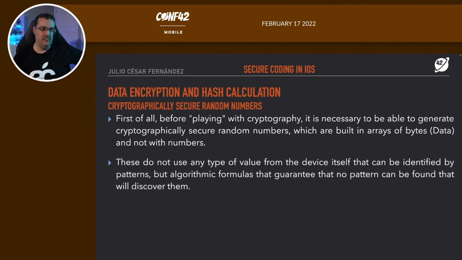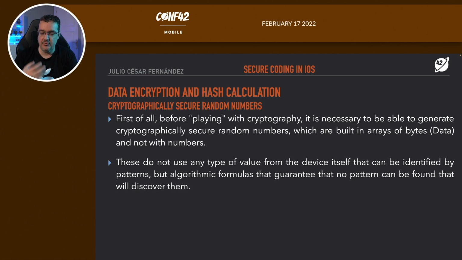Why do we use them? Because these do not use any type of value from the device itself, like other randomized algorithms. This way, we use algorithmic formulas that guarantee that no pattern can be found that will discover them. It's a totally, absolutely randomized number created without pattern, okay?